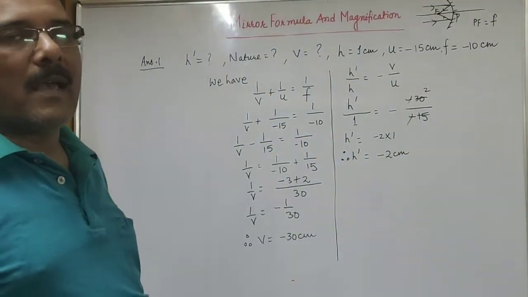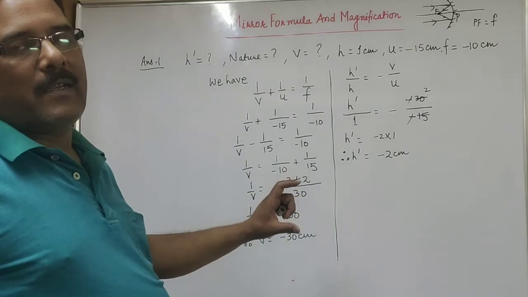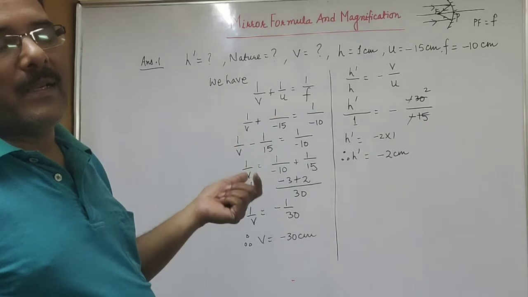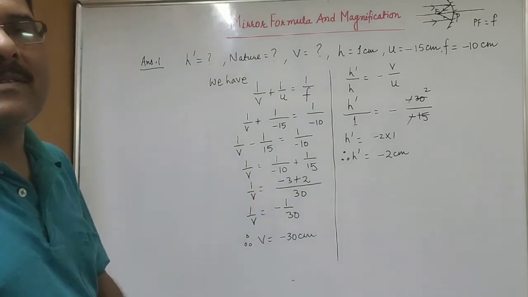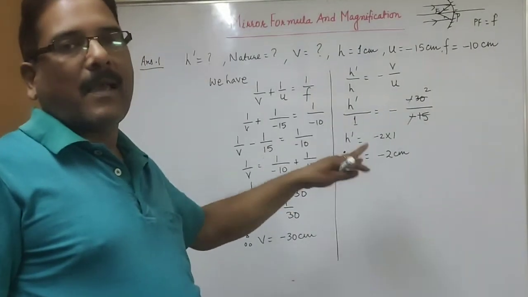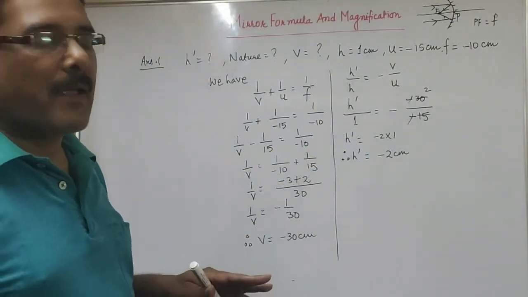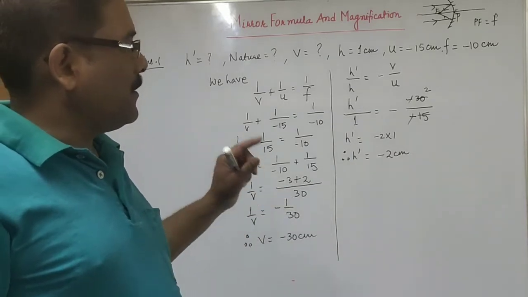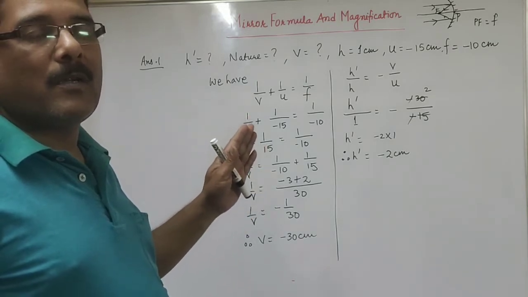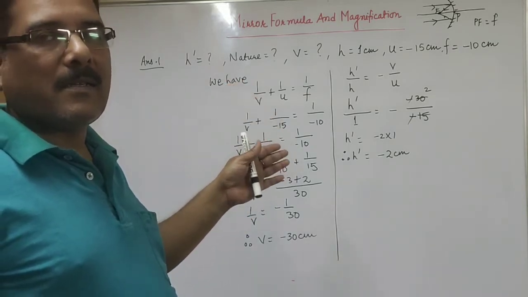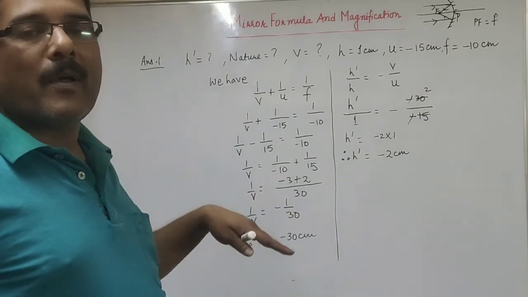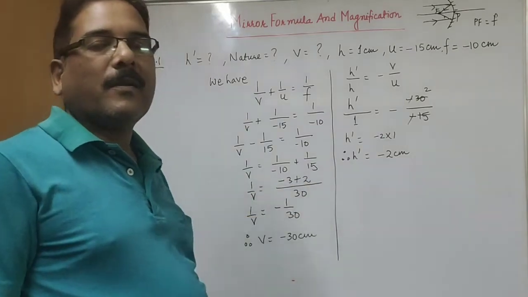It means the size of the image is minus 2 centimeter. Why minus sign? The minus sign tells whether it is above the principal axis or below the principal axis. It is below the principal axis. As we have written in the sign convention, when objects or heights are above and perpendicular to the principal axis, it is positive, and when heights are below and perpendicular to the principal axis, it will be negative.